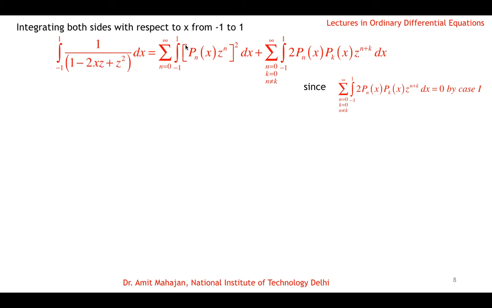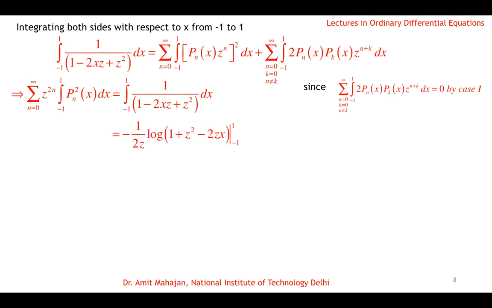So from here we can calculate that this summation must be equal to the integral of this. This is integration with respect to x, which is linear in the denominator, so its integral is a log function. We can simply integrate and substitute the upper limit minus the lower limit.